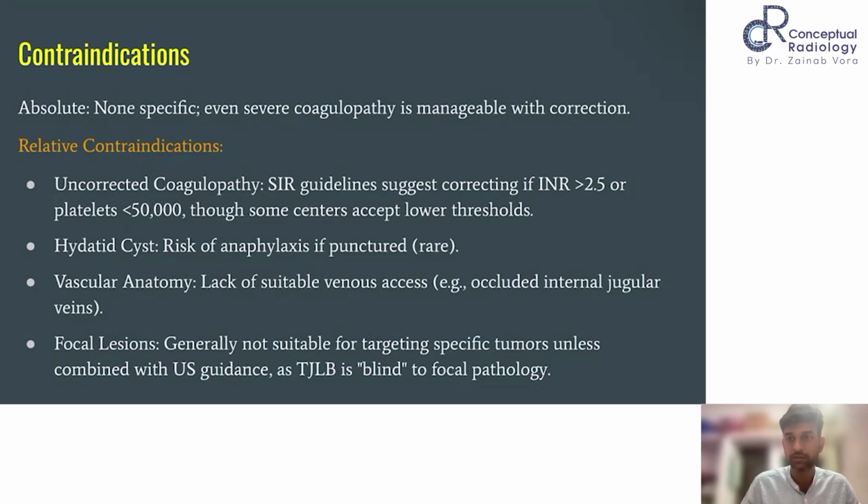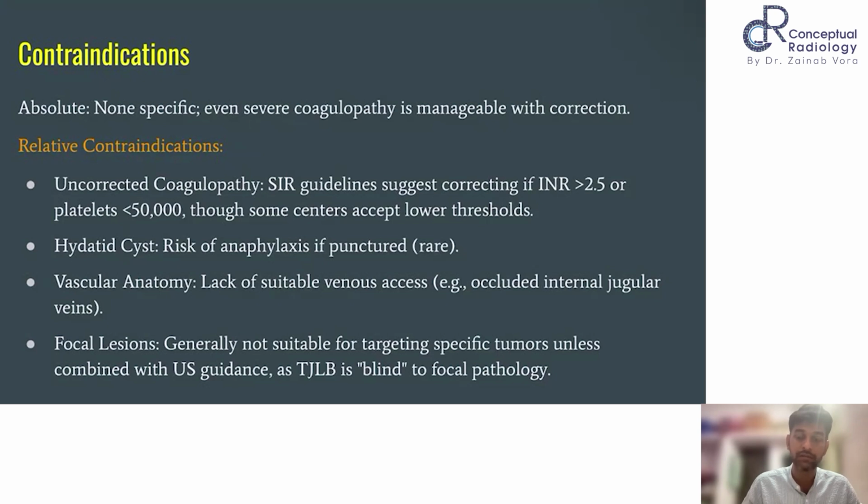All these are relative contraindications, meaning we can correct them by a few techniques and then proceed with a transjugular liver biopsy. For focal lesions, generally percutaneous biopsy, USG or CT guided, is the procedure of choice.